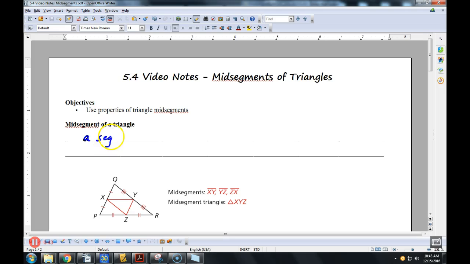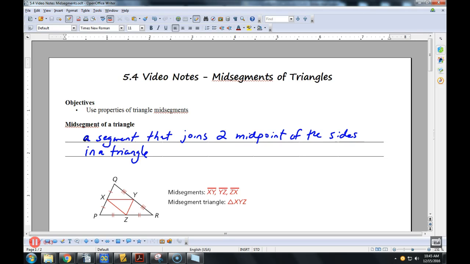It is a segment that joins two midpoints of the sides in a triangle. So basically you come up with two midpoints and you connect them together and you have a midsegment.